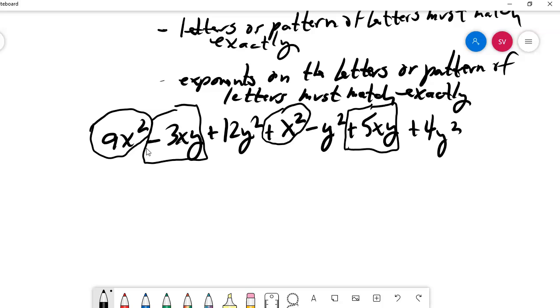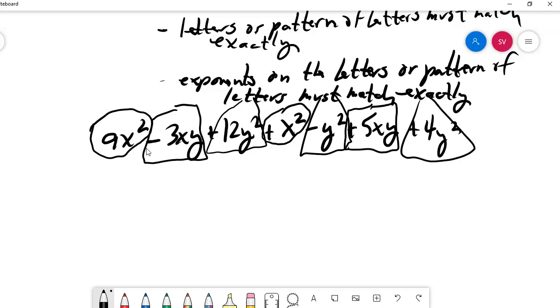And they match as well, so that's why they're like terms. And then maybe use a triangle. So I have a 12y squared minus y squared plus 4y squared. And now once we identified all of the like terms, we could add them or subtract them accordingly.